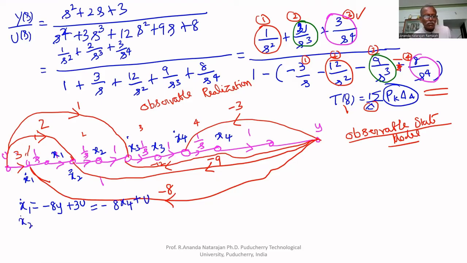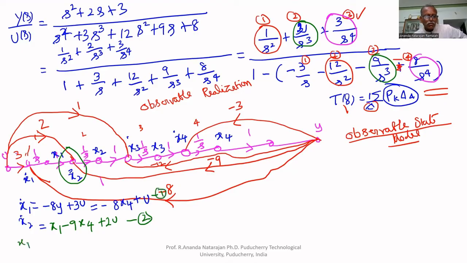What is x2 dot? Consider this junction, x2 dot. What are the inputs? 3 inputs: x1, minus 9y, where y can be written as x4, and plus 2u. This is the second equation. This is the first equation.